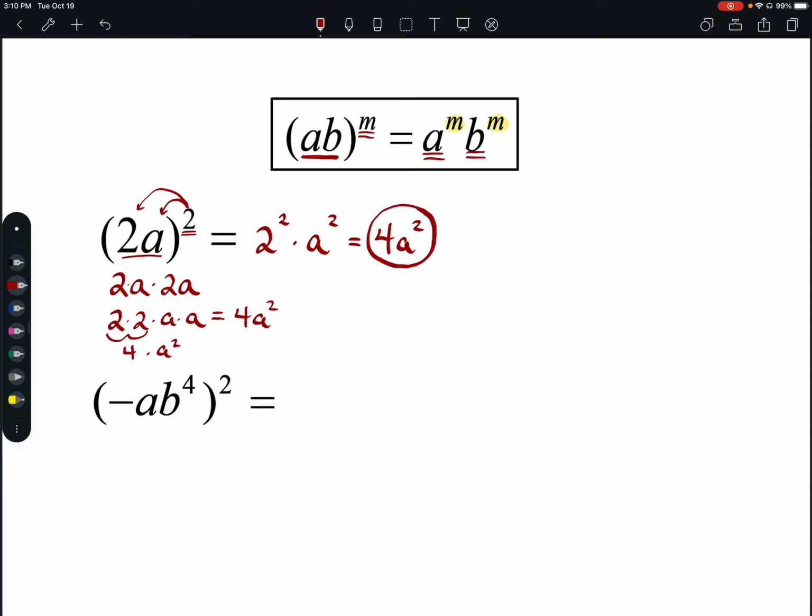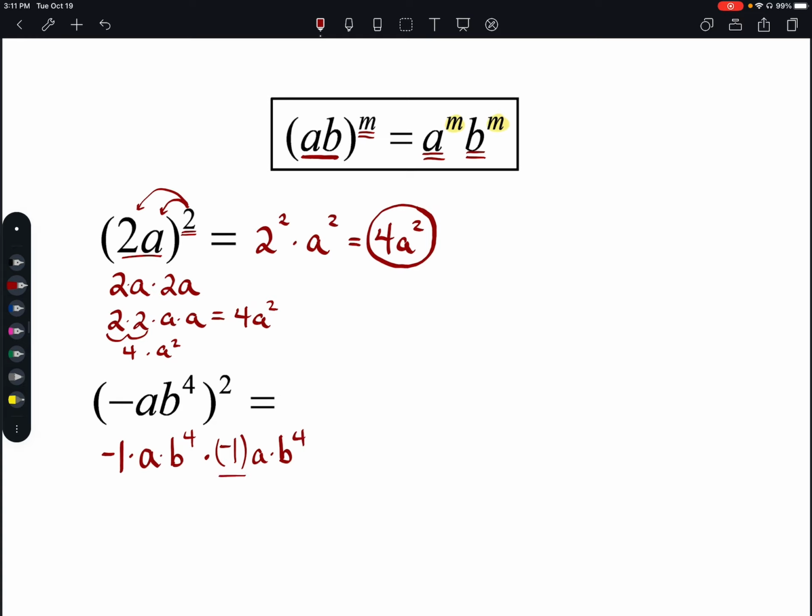We have a product. It says the opposite of a times b to the fourth. Or we could think of this as being a -1 times an a times a b to the fourth, and you're multiplying that times another (-1 times a times b to the fourth).